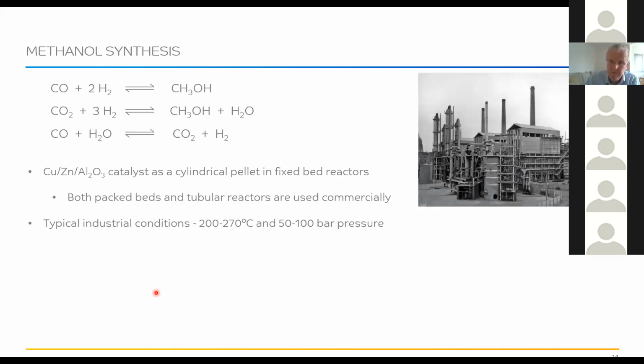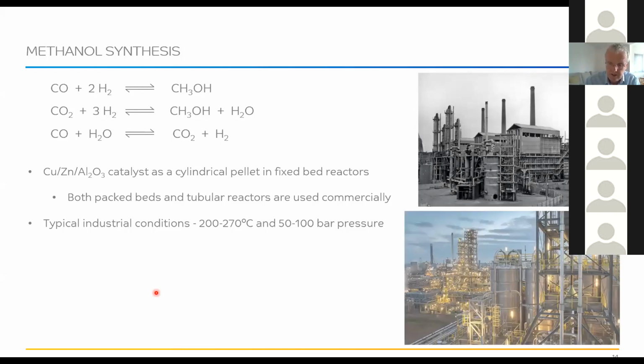Just for the sake of interest, this is actually the first plant that was built in the world using what was called the ICI low pressure methanol synthesis using these copper zinc catalysts. And this is a picture of a plant in Billingham in the northeast of England from 1966. And this is a picture of one of SABIC's plants today, which makes something of the order of 1.6 million tons of methanol per year.